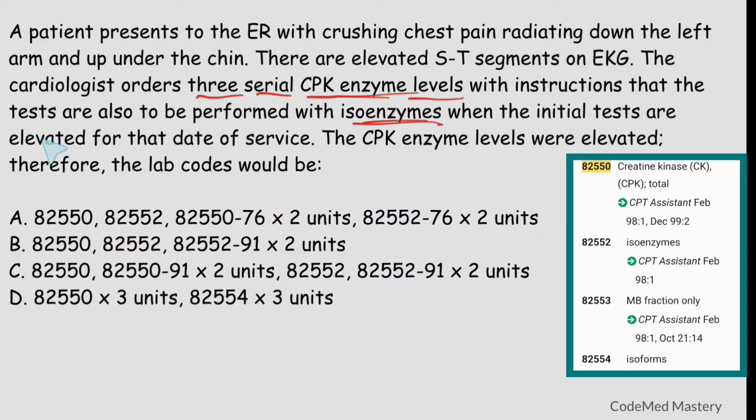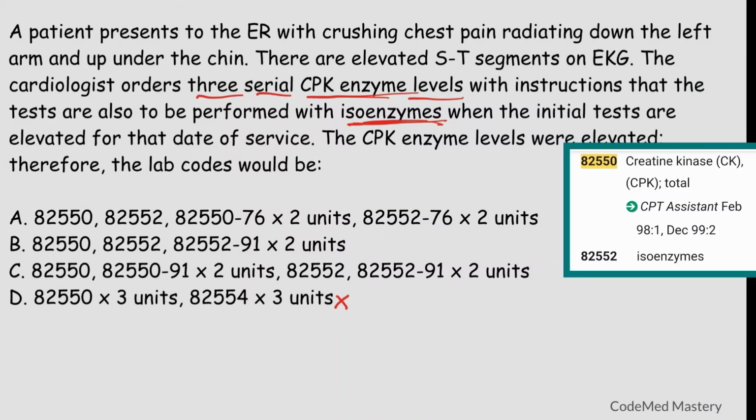You can check in the question, they have given the tests are also to be performed with isoenzymes. So 82552 is also the right code. 82554 is for isoforms. In the scenario, they have not mentioned isoforms. Right. So 82554 will be wrong. By this, you can eliminate option D.